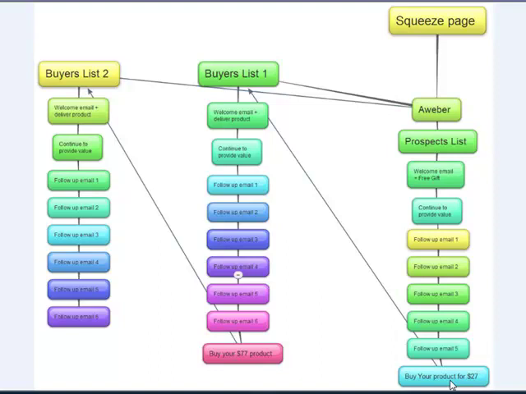So say you sold your first product for $10 to one of your customers, or to a prospect who then becomes a customer, so he gets transferred onto your buyers list, and you sold a product for $10.